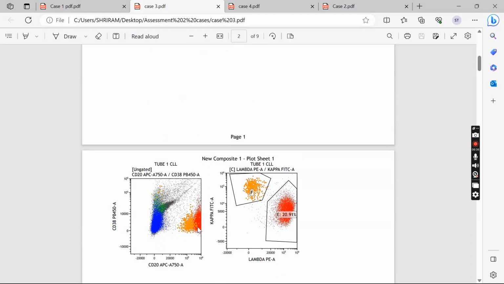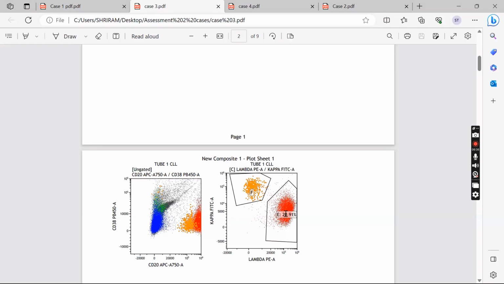So with this, we have a CD5 positive, CD23 positive B cell NHL, and of course CD200 bright positivity supports it is a case of chronic lymphocytic leukemia. The other points supporting chronic lymphocytic leukemia are the dim kappa light chain expression and slightly downregulated CD20 expression. So the diagnosis is chronic lymphocytic leukemia.